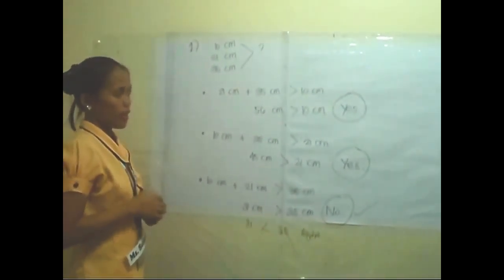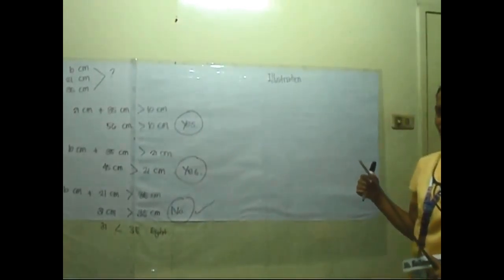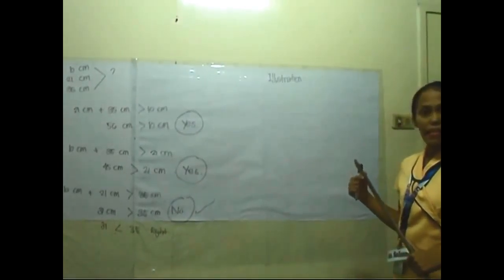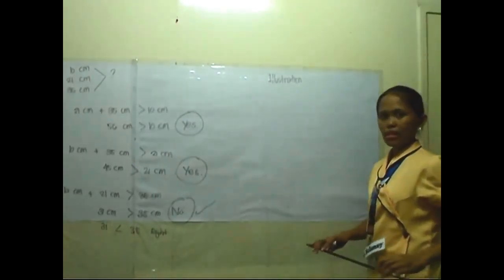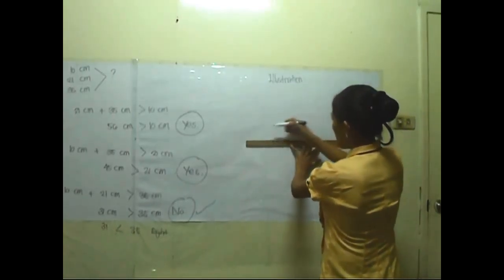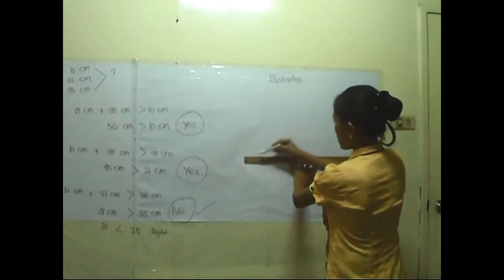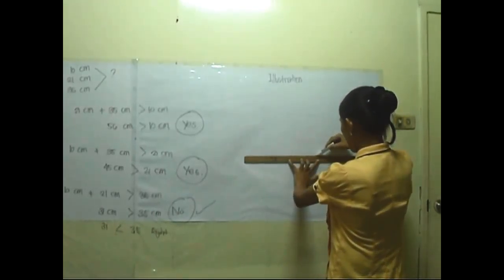Let's draw if it's right. Okay, let's illustrate this triangle, if we cannot really form it. Let's have the biggest side, which is 35 centimeters. Let's draw here. 10, 20, 30, 35.